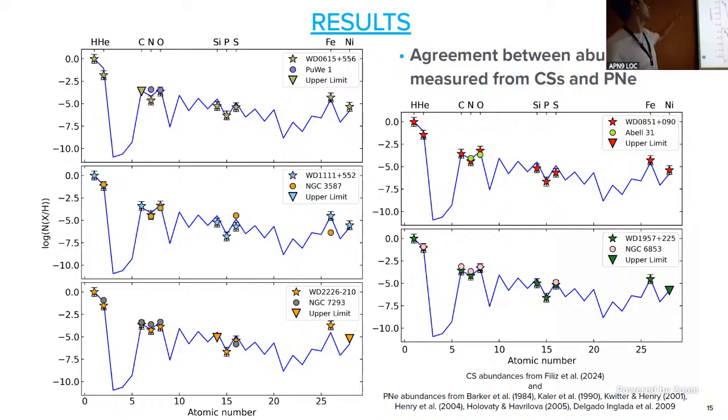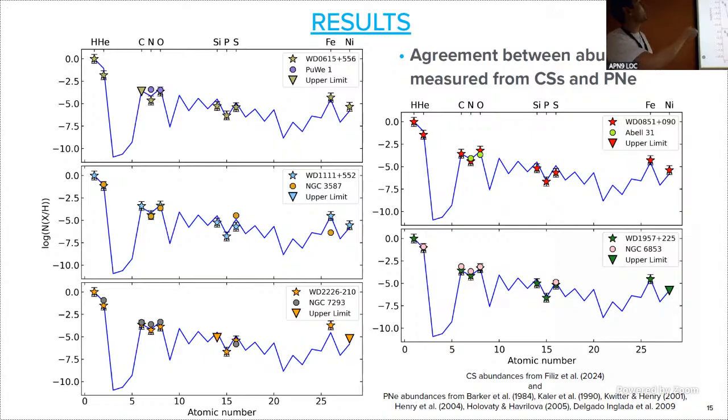What would be interesting for you is that we compared planetary nebula abundances to central star abundances. Central stars are shown with the star symbols, and for the planetary nebula abundances, we have the circles. For only 5 objects could we find planetary nebula abundances, and in general, most of them fit quite well.